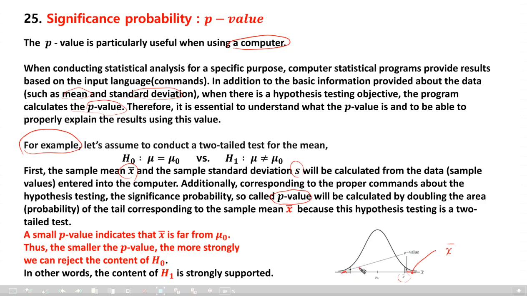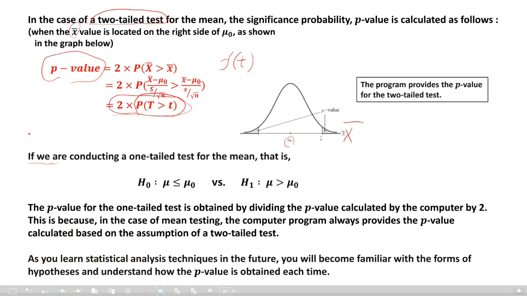Then it is far away from mu 0. P-value is small, then your calculated sample mean is far away from mu 0. So you may reject H0. In other words, contents of H1 is strongly supported, right? All right.